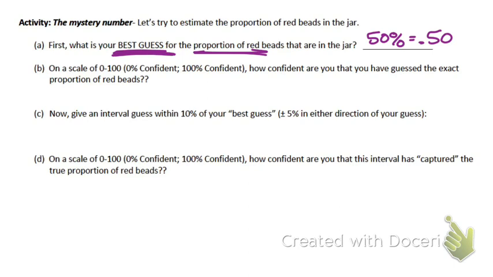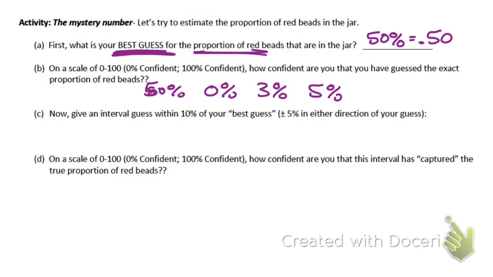All right, so how confident are you guys that you have just gotten the exact guess? 50%? 0%, 3%, 5%. These are some of your feelings about how confident you are. You're not very confident, it sounds like. You know why I'm not confident? Because I guessed 100%.